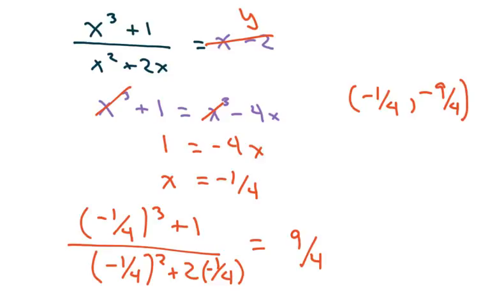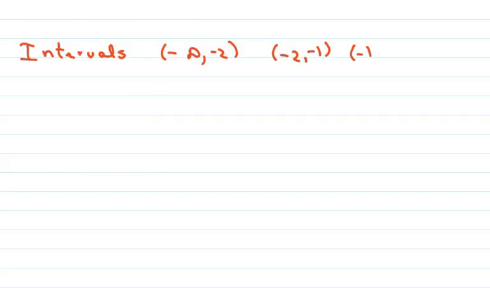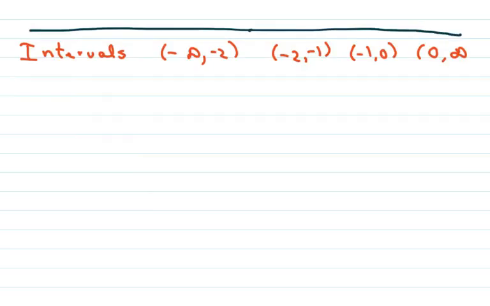Okay, now I'm going to go ahead and test intervals. Again, you can put this in the calculator. It helps out a lot. Basically I'm picking negative 2 and I'm picking 0 because that's my vertical asymptotes.